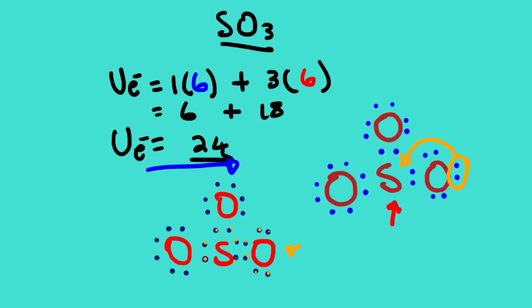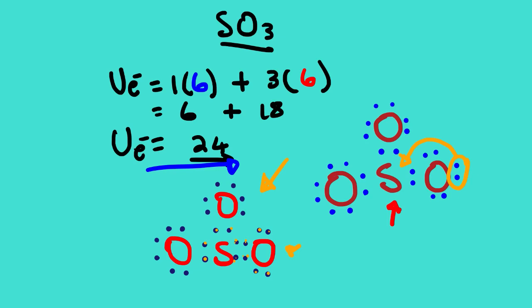Now, in order for us to verify that this is the best structure for SO3, we need to calculate the formal charge. The reason we need to verify is that sulfur can actually hold more than 8 electrons, so it means we can draw another Lewis dot diagram of this compound.